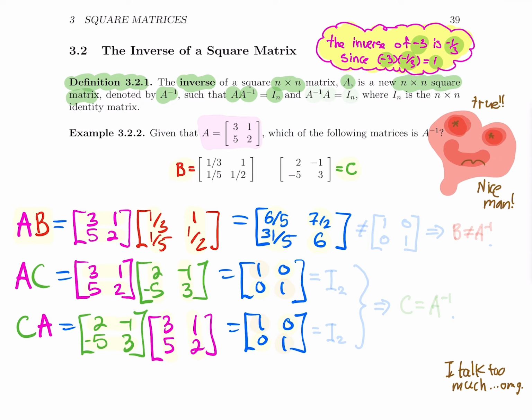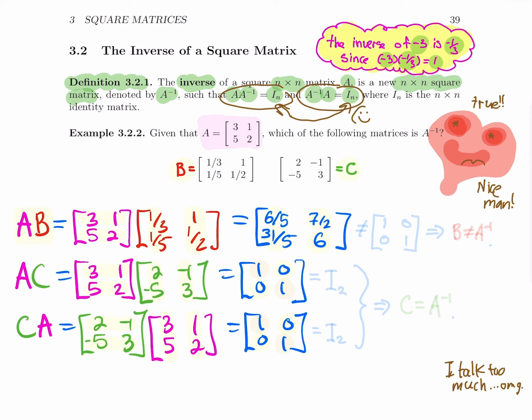And you also need to get the identity matrix if you go A inverse times A. So if you multiply A by A inverse and you multiply A inverse by A, if for both you get the identity matrix, then that matrix is the inverse for A.